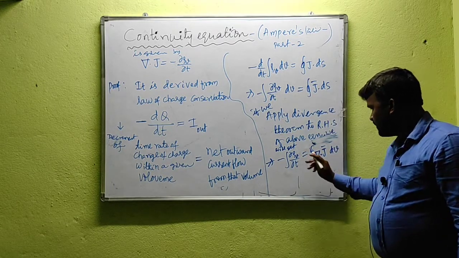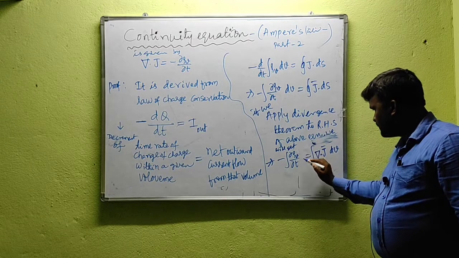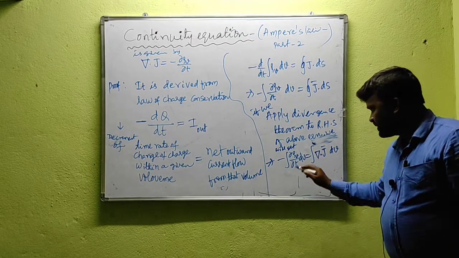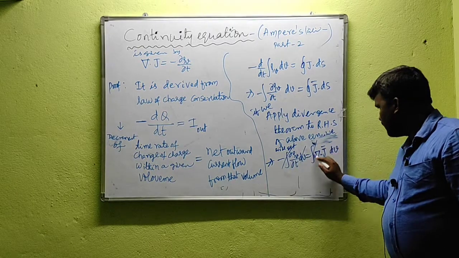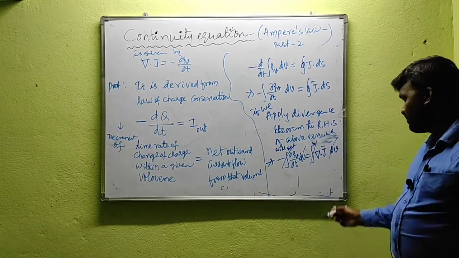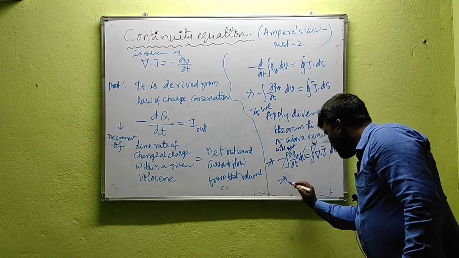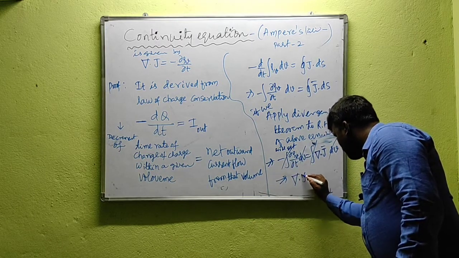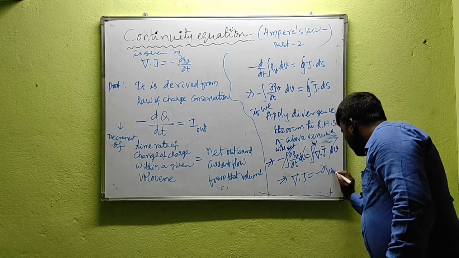On the left hand side there is a volume integral, and on the right hand side also a volume integral. Integrals are equal, therefore integrands should be equal. So I will get del dot J equal to minus ∂ρv/∂t.